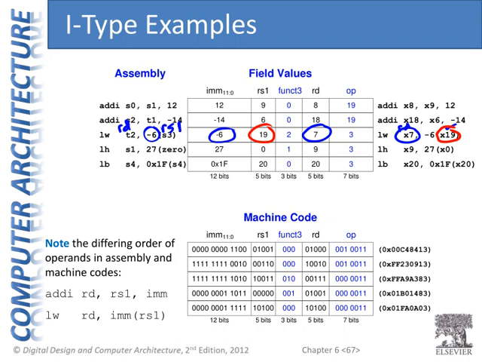And for our load word instruction, the opcode is 3, and the func3 bits are the 3-bit representation of 2. And you'll notice for load half and load byte, the opcode's the same as load word, just the func3 bits differ. So the func3 bits distinguish whether it's a load word, load half, or load byte.